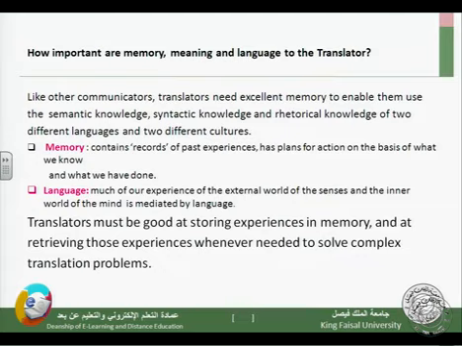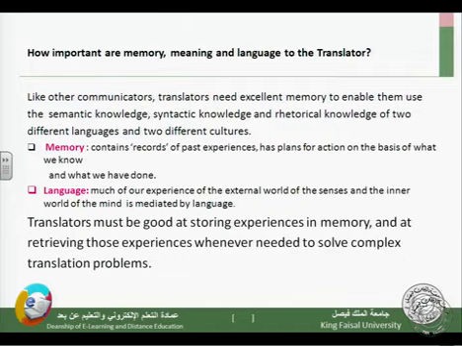Now, how important are memory, meaning, and language to the translator? Like all other communicators, you as a monolingual, for instance, or me as a monolingual, I need memory, I need language, I need meanings.